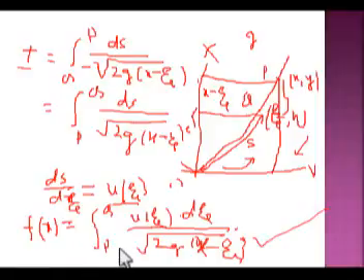This lower limit will be 0, and the upper limit will be x. This is the x point, and the others will be kept the same. It is now a function of x. In this way, Abel's problem can be formulated.